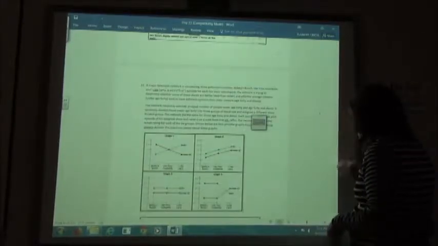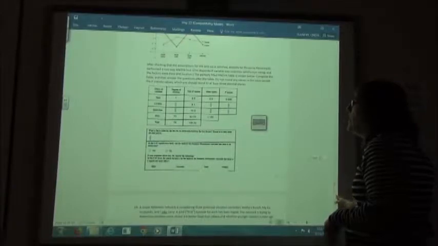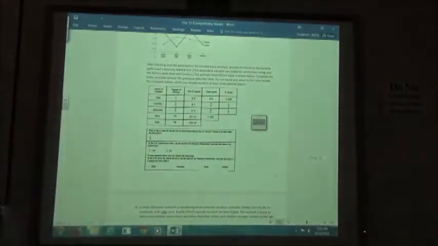Again, I'm going to move this so that we can see what the table looks like. We don't really need the graph. It's there for fun, but we don't really need it.